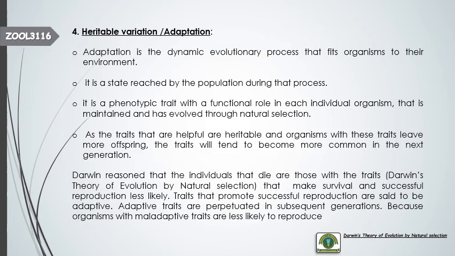Organisms that are not physically fit, that have maladaptive traits, cannot reproduce, so they cannot contribute to the next generation. Only organisms with favorable traits could reproduce and pass their traits to their upcoming generation.